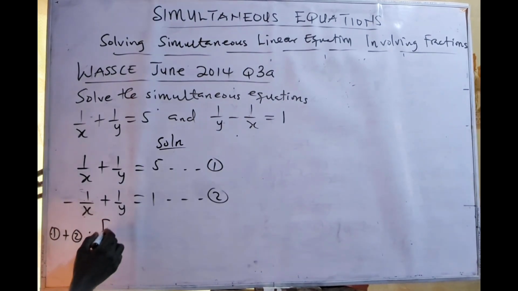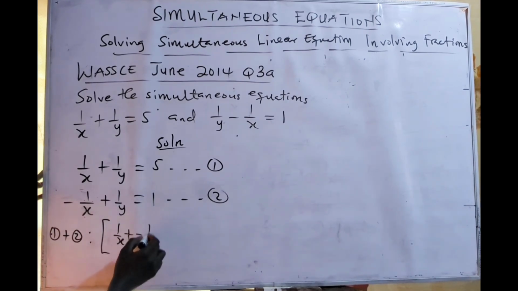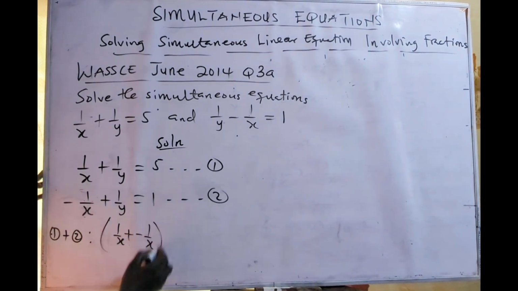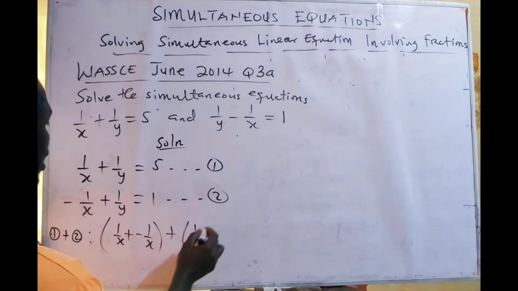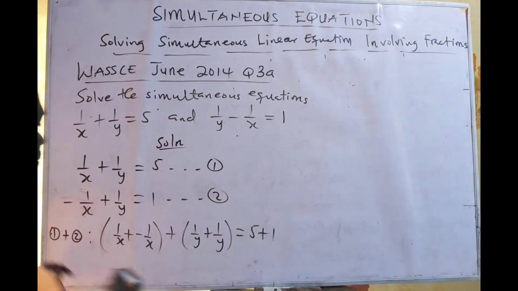So if you are adding, you have 1 over x plus negative 1 over x, plus 1 over y plus 1 over y equal to 5 plus 1.